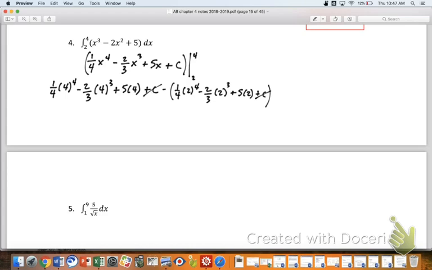We shall see. So this really is 4 cubed. So that's 64 minus 128 thirds plus 20 minus, parentheses, that's 16/4, so that's just 4, minus 16 thirds plus 10.